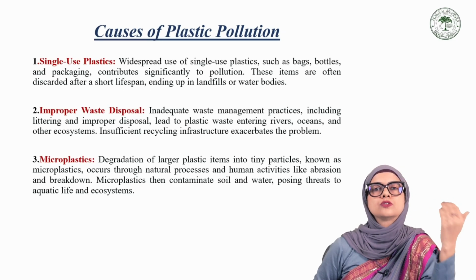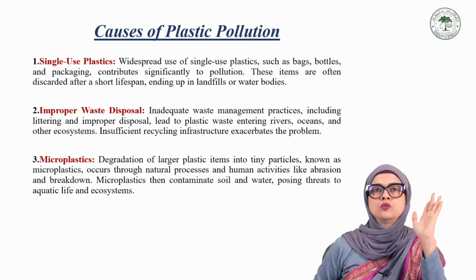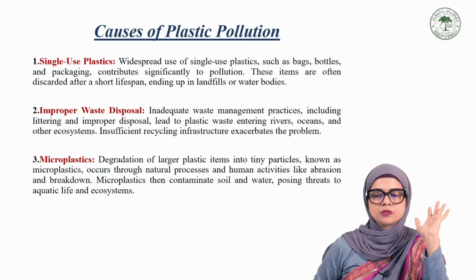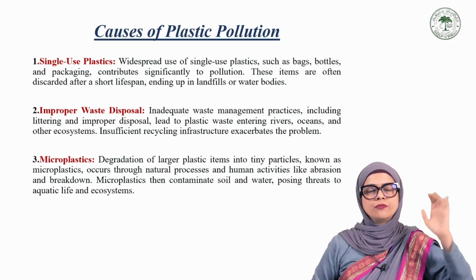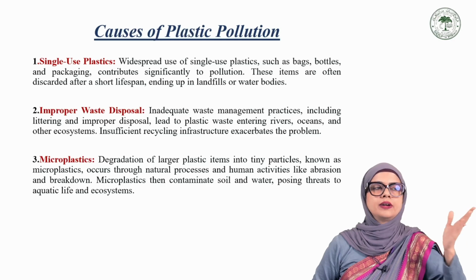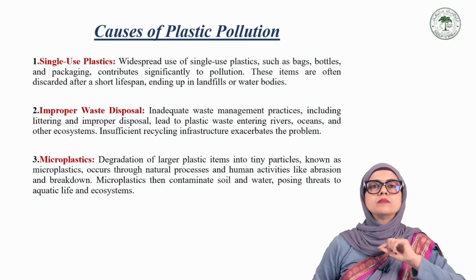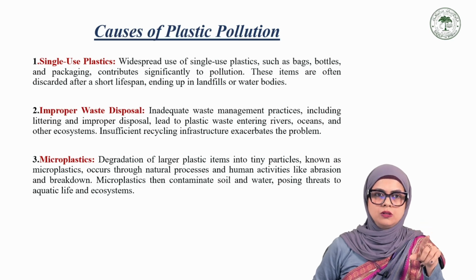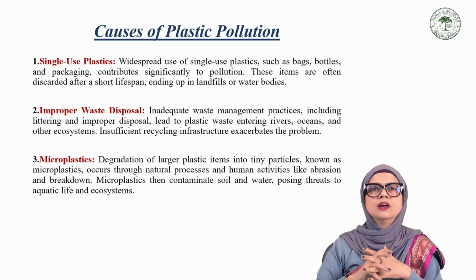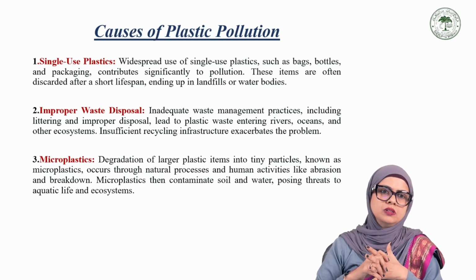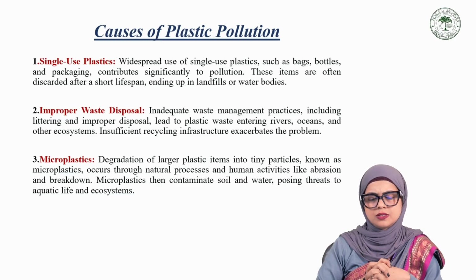So what are the causes of plastic pollution? The causes would be single-use plastic. That is highly dangerous because you use it once, throw it away, discard it. So obviously this ends up in the landfill, or it ends up in water bodies. Then comes improper waste disposal, where inadequate waste management practices, including littering and improper disposal, lead to plastic waste entering rivers, oceans, and other ecosystems.